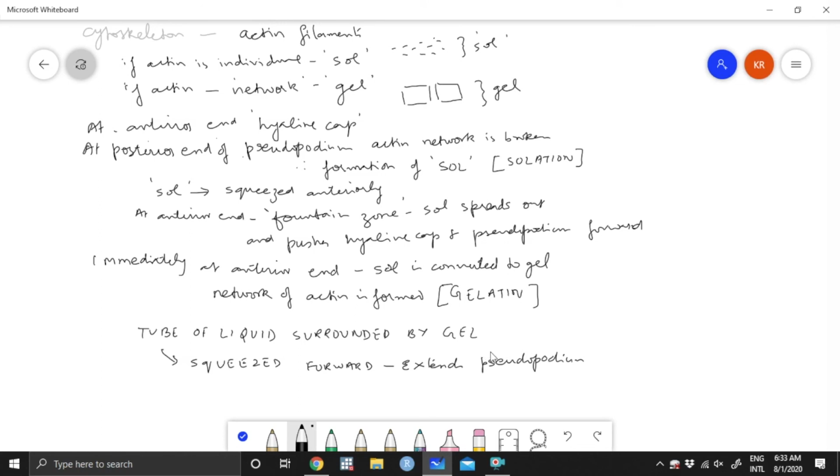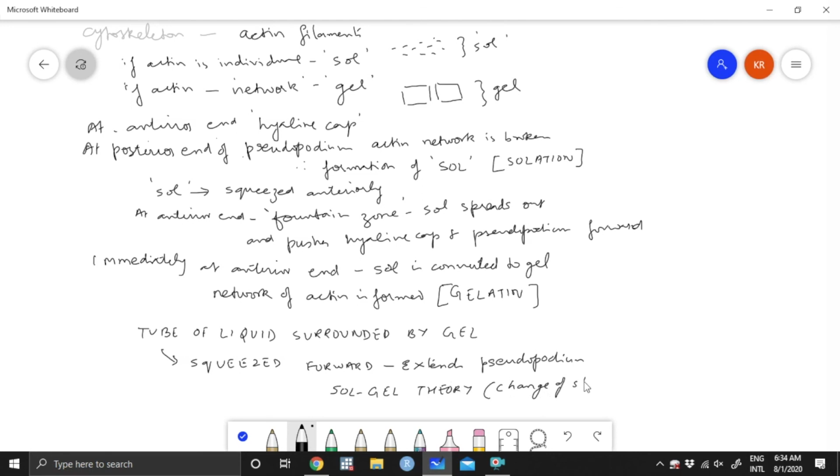For a long time we didn't know much about this, and now we know it. Earlier it used to be called as the sol gel theory, and we have tried to explain the molecular mechanism by change of state of actin.